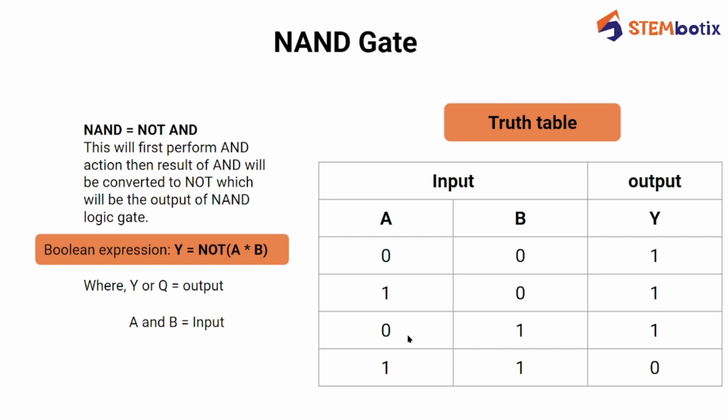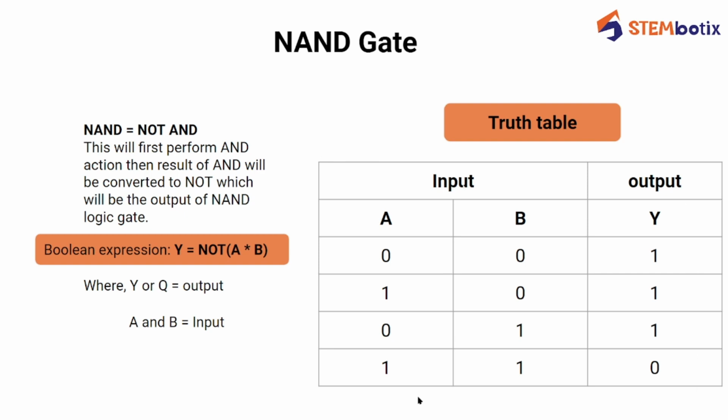But in case of both the inputs in state 1, 1 into 1 will give you output as 1, but here the inverse of 1 gives you output as 0.